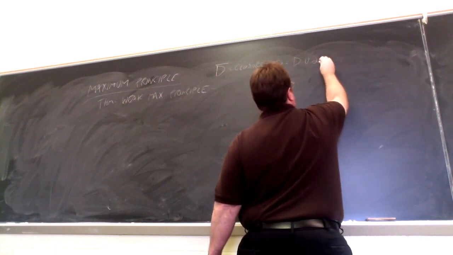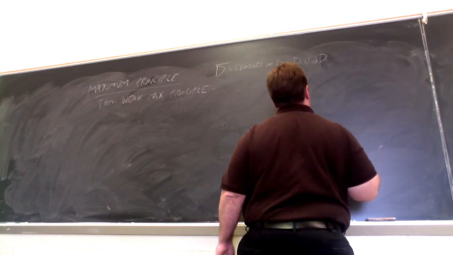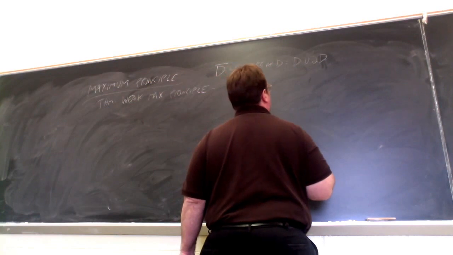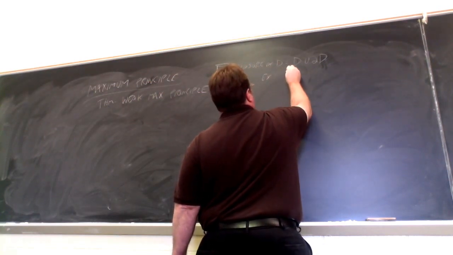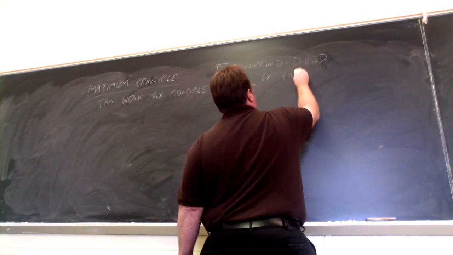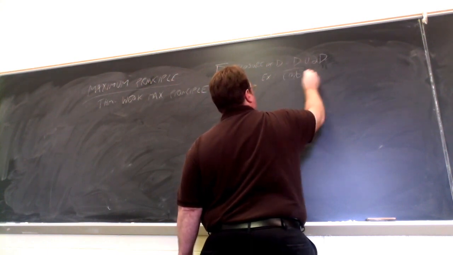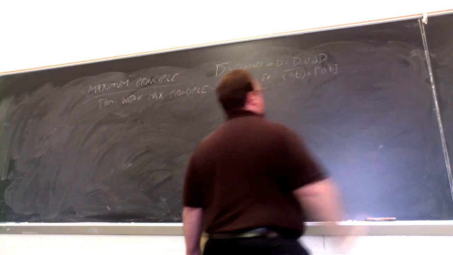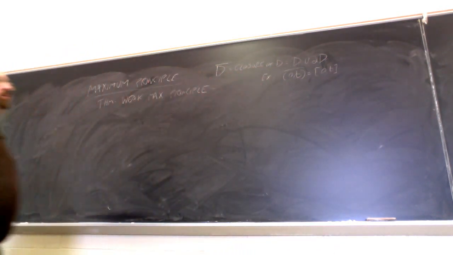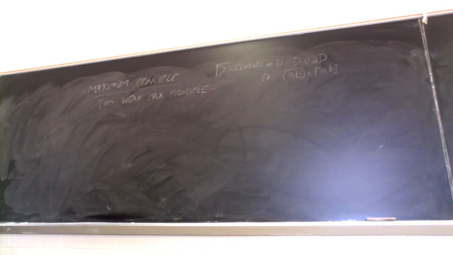So for example, the closure of the open interval (a,b) is just the closed interval [a,b], because you're including the boundary points x equals a and x equals b. Okay. All right.